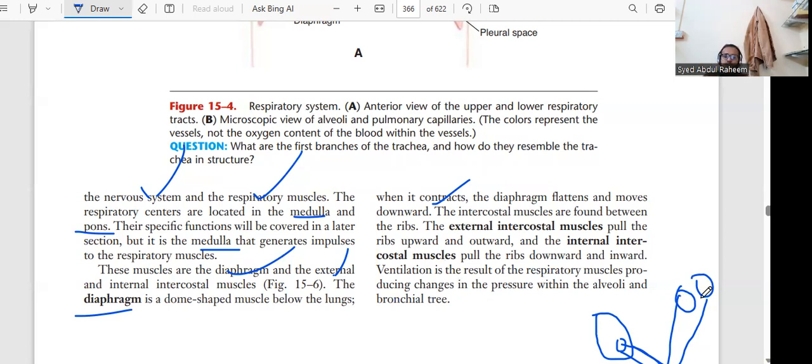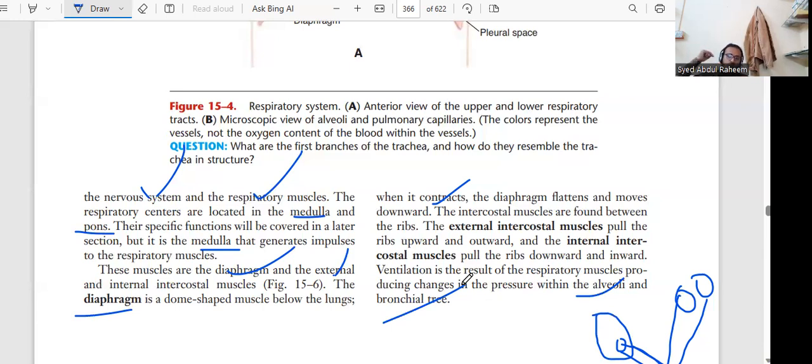Ventilation is the result of respiratory muscles producing changes in the pressure within the alveoli and bronchi. So not only the lungs, we need muscles to help the lungs inhale and exhale. This is very important.